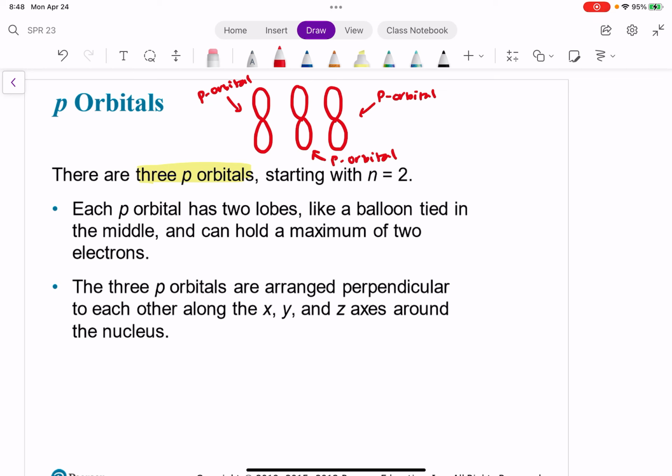And remember, what are these orbitals representing? They're representing the location that an electron is likely to be. So we're very likely to find an electron in these areas here, in these little lobes. And probably more likely to find them in the lobes than in the middle here.